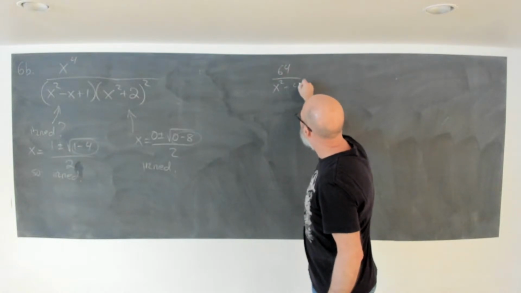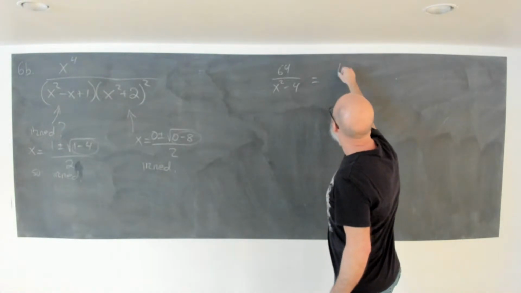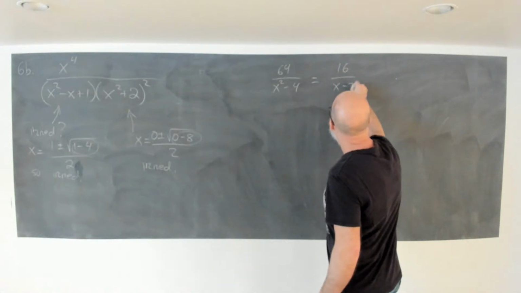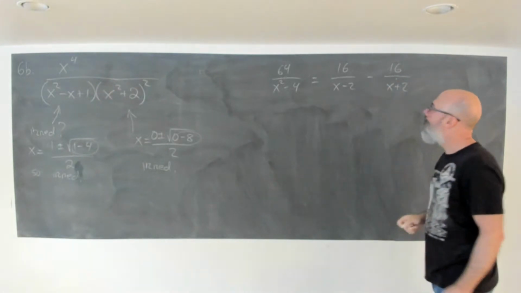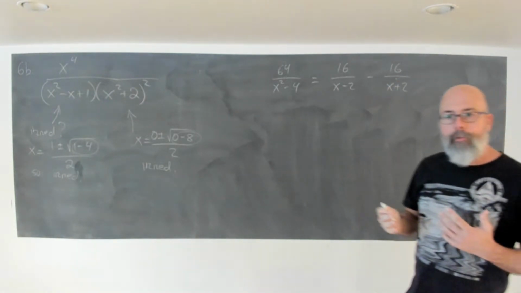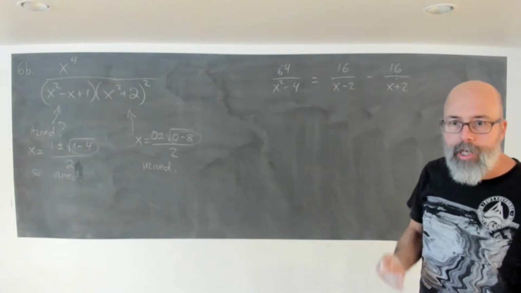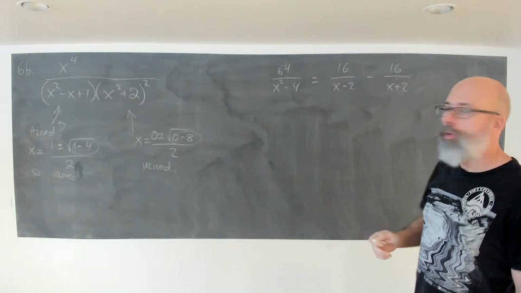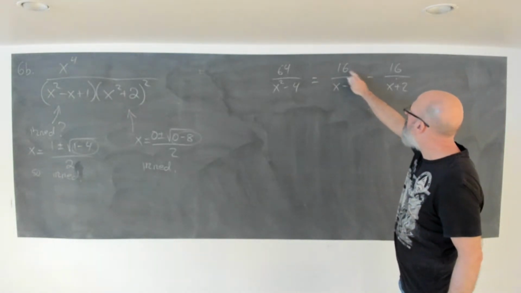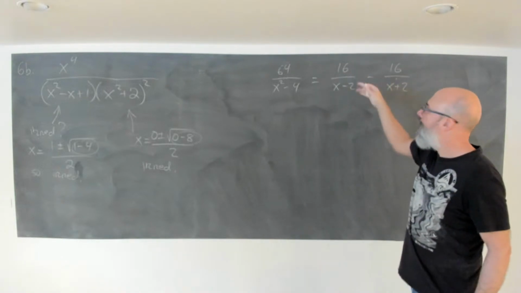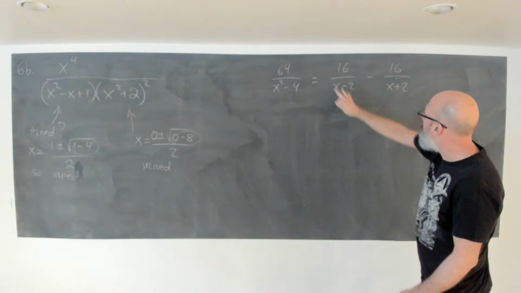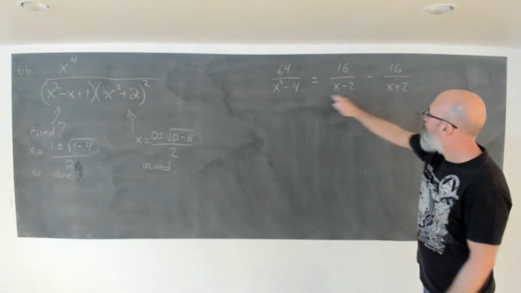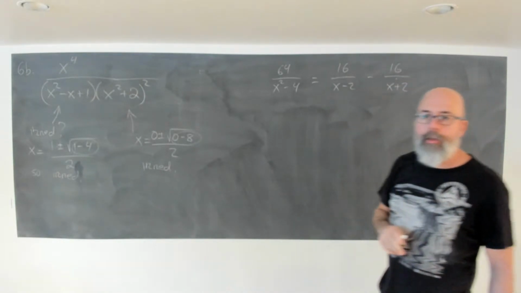X squared minus 4 is 16 over x minus 2 minus 16 over x plus 2. Right? Because partial fraction decomposition is unique. So if you had defined this as b and that as a, then they would have been different. But in the end, your final answer is the same.